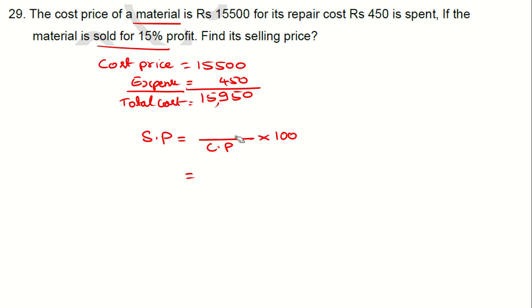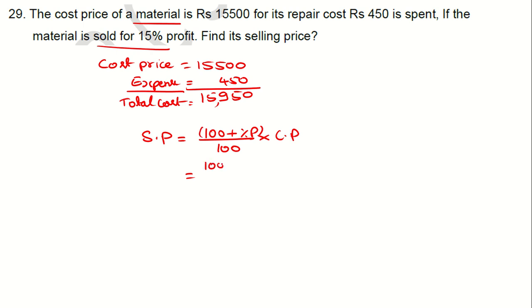Wait. Here for getting the selling price, we have to write 100 plus percentage profit divided by 100 into cost price. This is the correct formula.